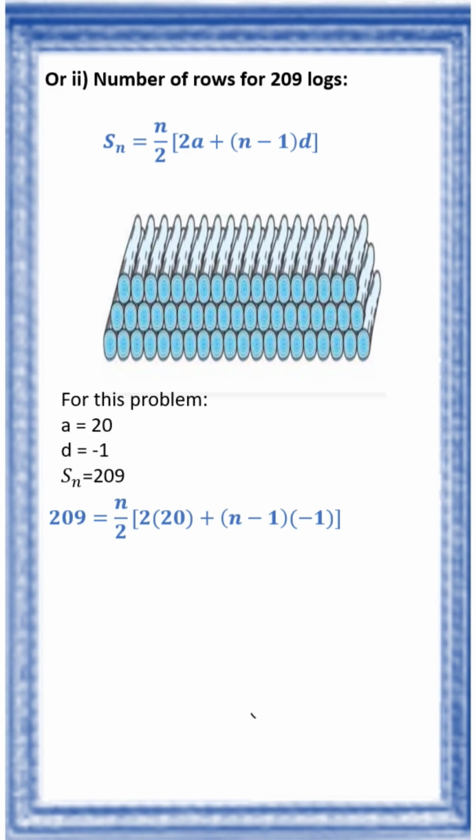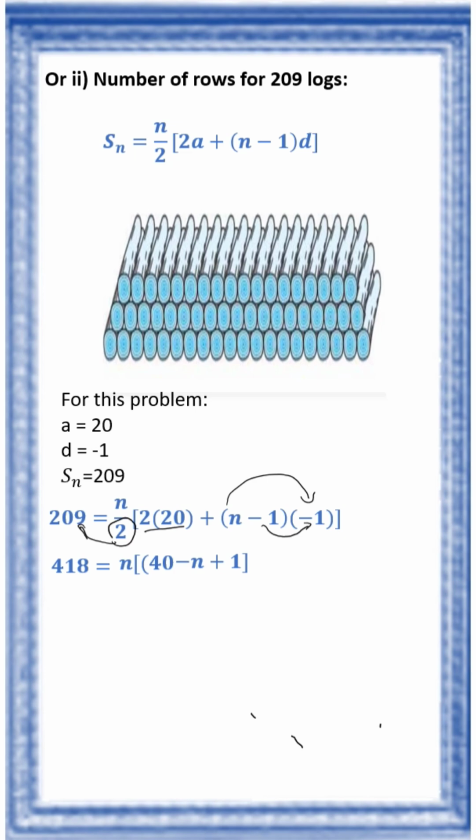Now let us bring 2 to here. What will you get? 418. So n into 2 into 20 is 40. Here n into negative of 1 is negative of n. Negative of 1 into negative of 1 is positive 1.